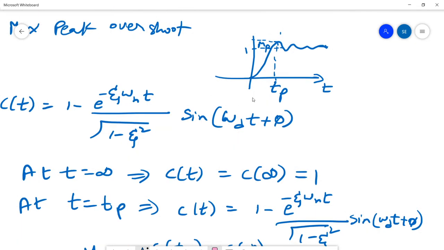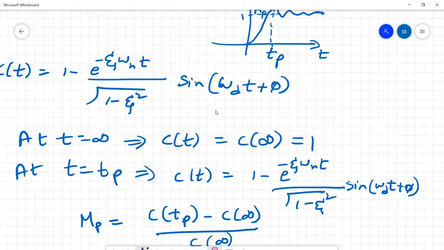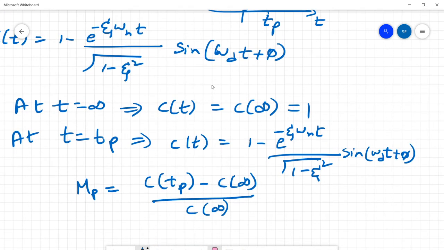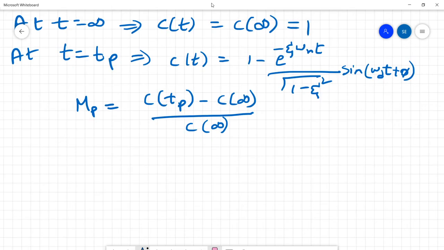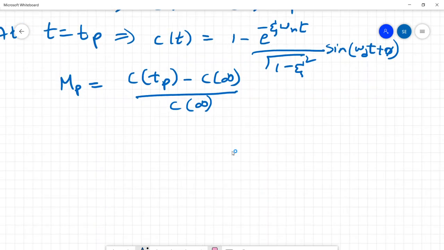It is the difference of the value of c of t, that amplitude at Tp, minus the amplitude at c of infinity, that is 1, divided by c of infinity. Okay, now we know what c of Tp and c of infinity are. Just substitute the expressions of c of Tp and c of infinity.